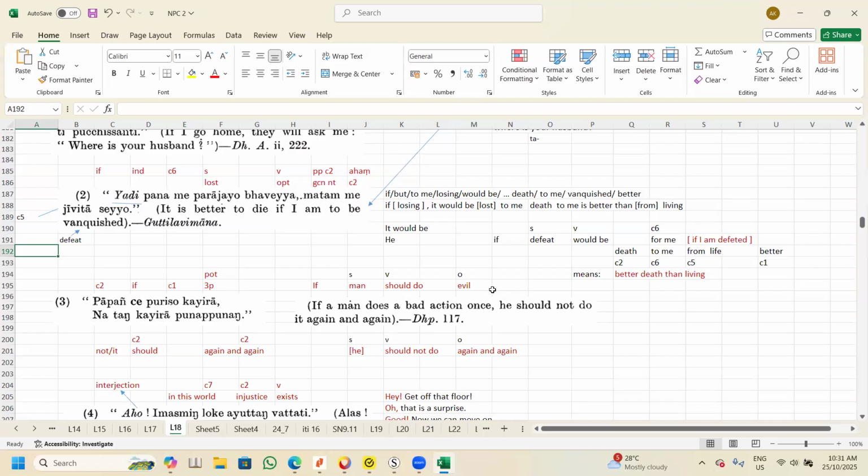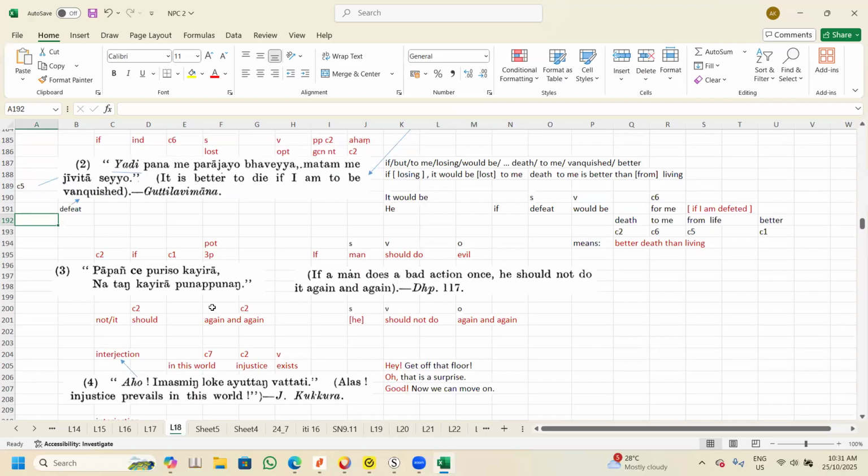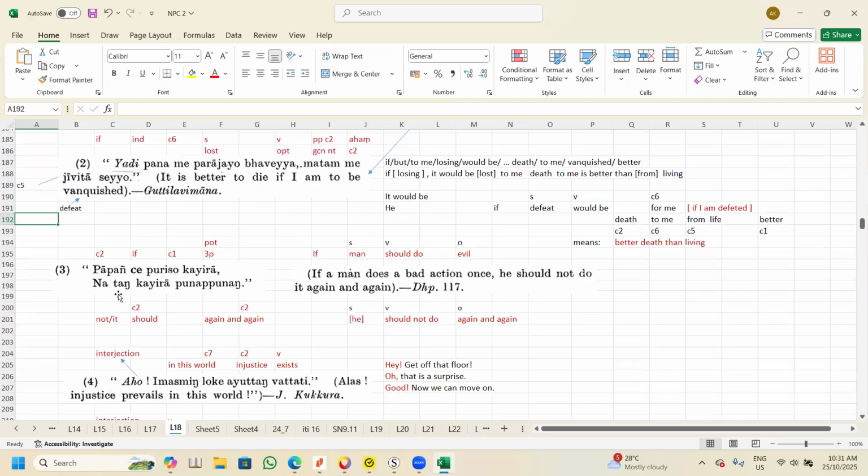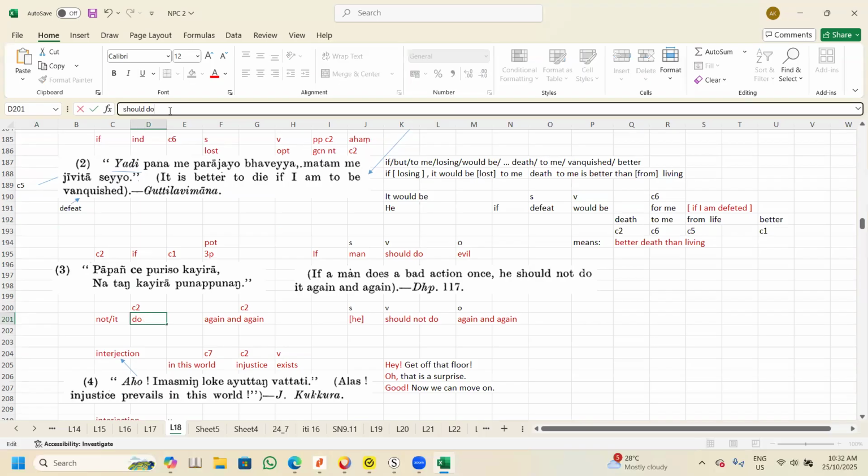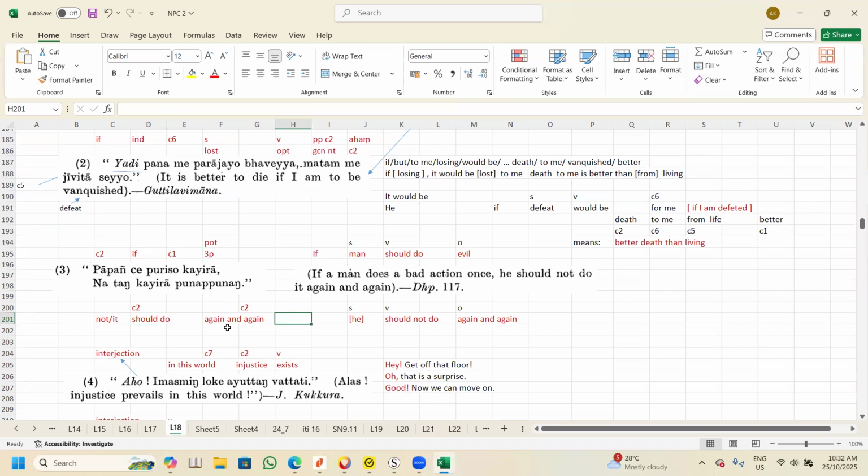We are interested in how we get to our structure. Then you see that this na is not, so we use the word should, kaira, should do. Then again, we follow a simple basic structure.